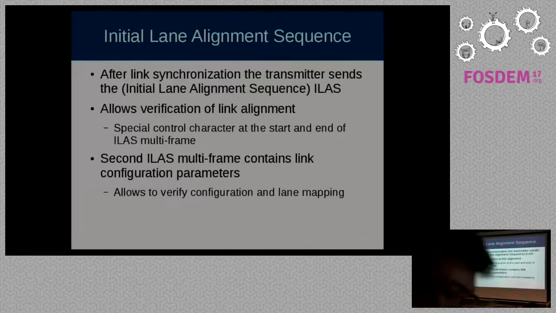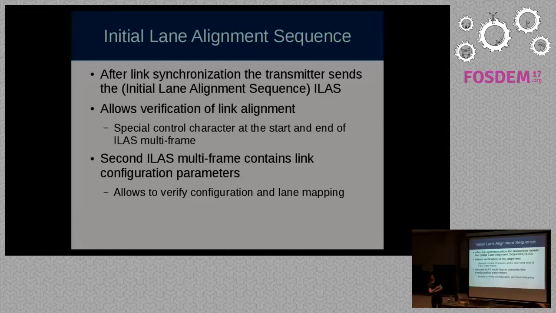Yeah, so there's a so-called initial lane alignment sequence, and in this lane alignment sequence, you send the full configuration parameters over the link. But typically, you also program them on both sides. But if you had hardware which supported this, you could do it this way. So typically, there's a second channel for configuration using SPI or I2C.